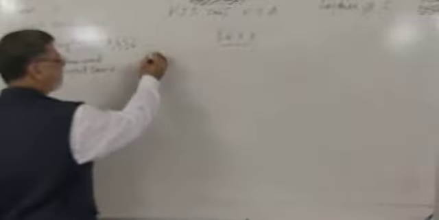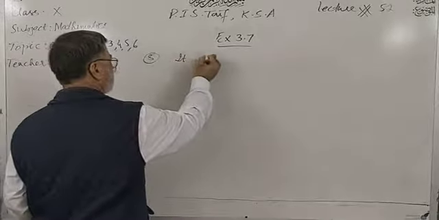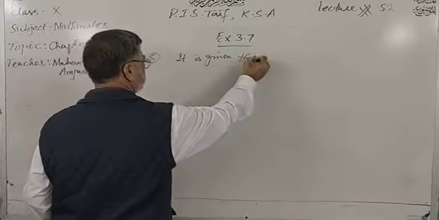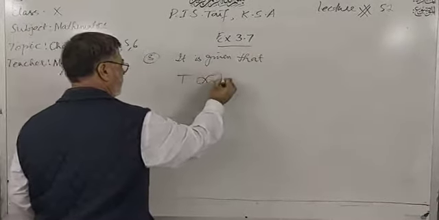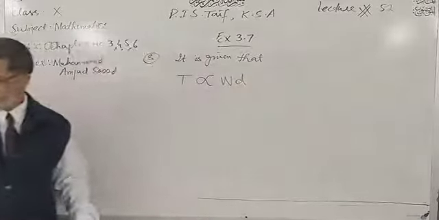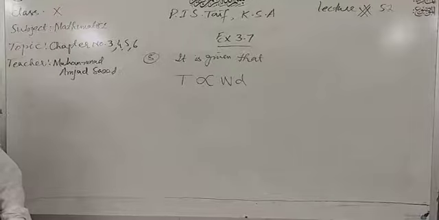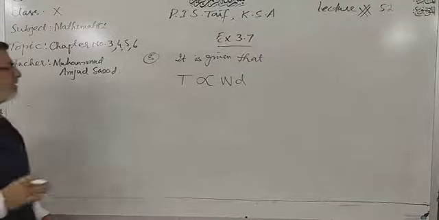After that, question number 8. The time t required for an elevator to lift a weight varies directly as the weight and lifting depth d, and varies inversely as the power p of the motor. So it is given that t is directly proportional to weight and depth, w d, and varies inversely as power p.